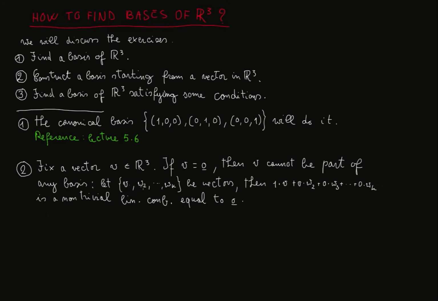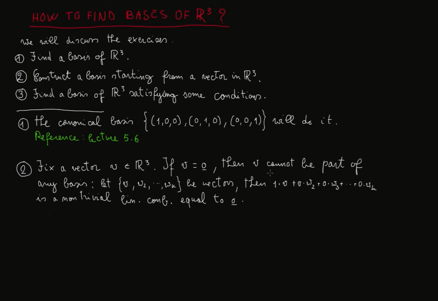Let v, w2, and so on up to wk be vectors. We can always find a linear combination of these vectors which is non-trivial, that is, not all the coefficients are 0, that gives the zero vector, namely the linear combination that takes the coefficient 1 for v and then 0 for all the other vectors. This is a non-trivial combination because it has the coefficient 1 for one of these vectors, namely vector v.